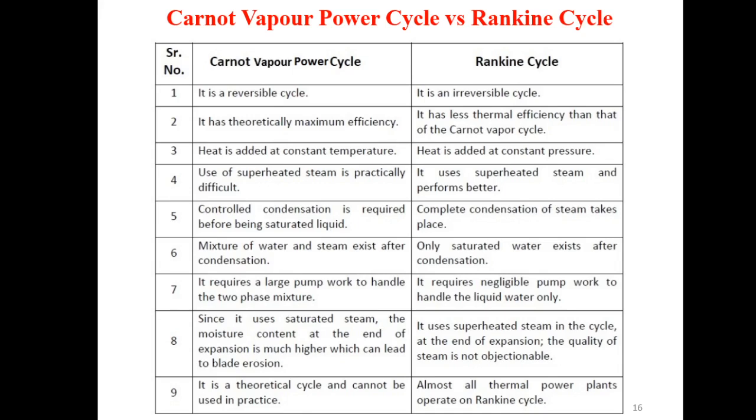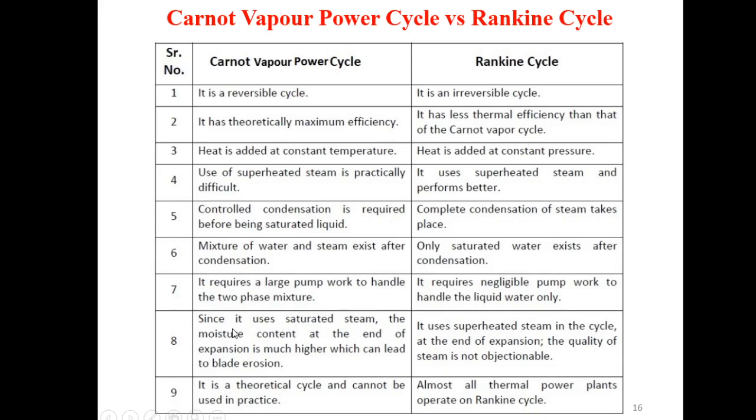So to handle the large specific volume, we need to have a large size of compressor. Whereas in case of Rankine cycle, it requires negligible pump work to handle the liquid water only, because point number 3, leaving point of the condenser, is a saturated liquid point.